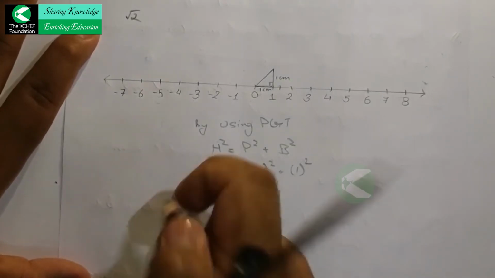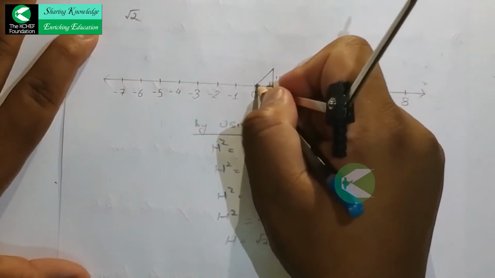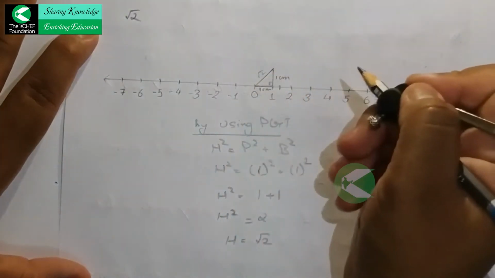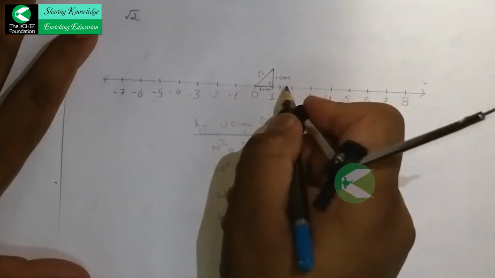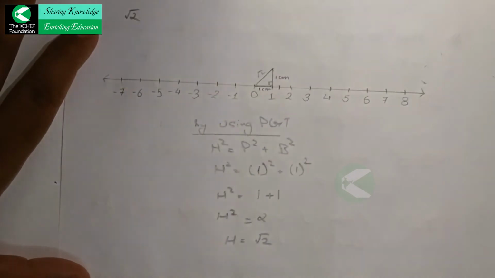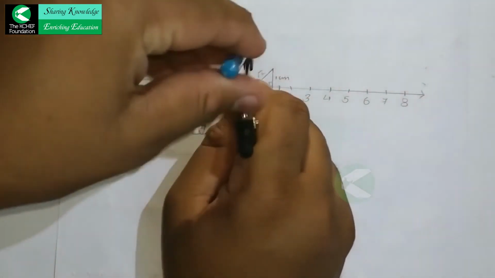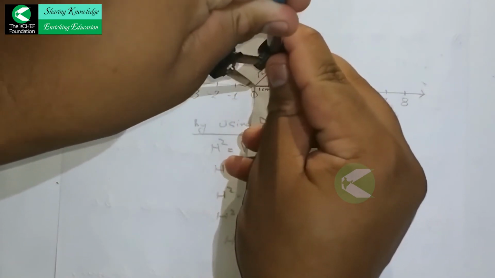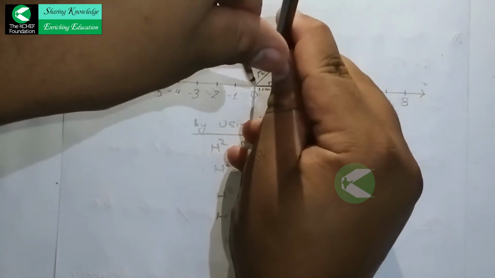So with this Pythagoras theorem which we have used, we came to know that the length of this hypotenuse is root 2 centimeter. Now how to plot root 2 on this number line? For this, you just take a compass, put the compass point on the 0 point and the pencil nib on the other point, and open the compass till here.